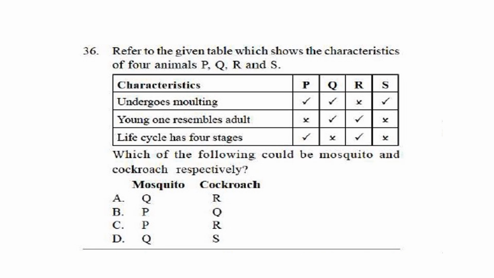Both cockroach and mosquito undergo molting. Mosquito's young ones do not resemble its adults, and mosquito has 4 stages in its life cycle while cockroach has 3. So after looking at the answers, we can see the answer is option B. P is mosquito and Q is cockroach.